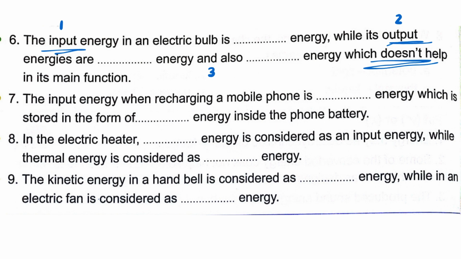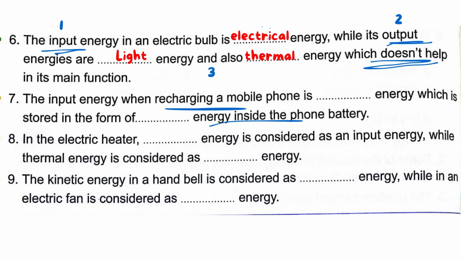Here, first part, the input energy in the electric bulb, we know it is the electrical energy, while its output energies, we have 2 energies. We will write one and the other, which doesn't help in its main function. So what is the output energy that helps the electric bulb to do its function?